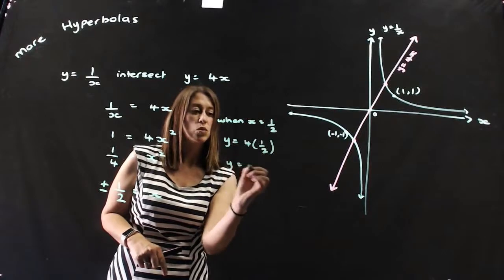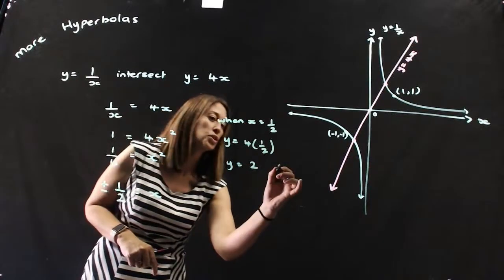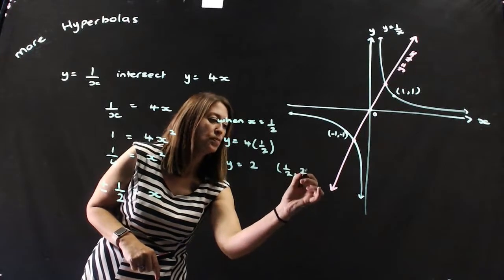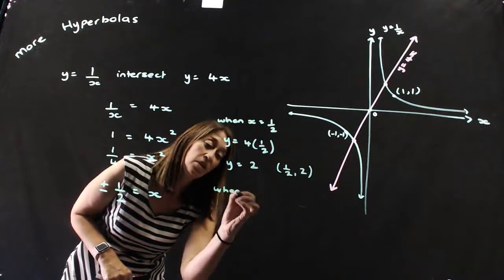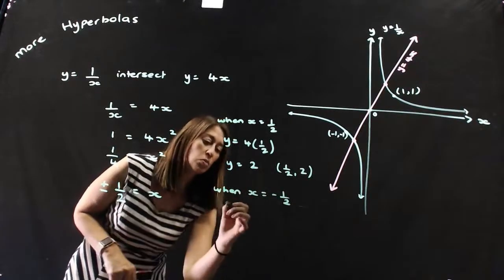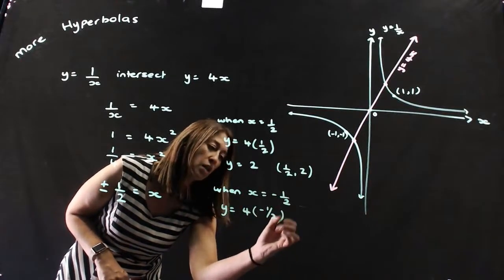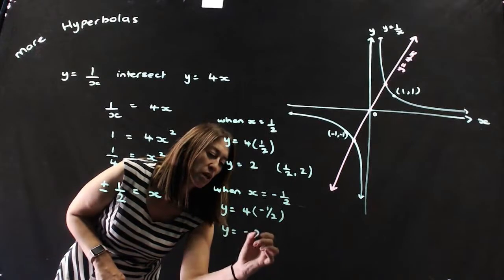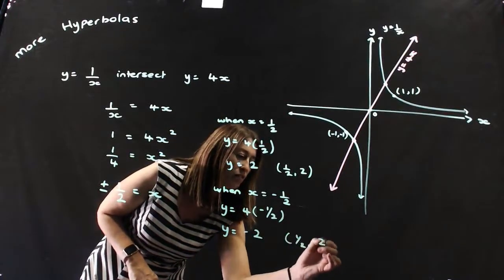So y equals 2. So the coordinate is 1/2, comma 2. And let's look at the case of when x equals minus a half. Substitute into 4 times minus a half, I get y equals negative 2. So the coordinate is negative 1/2, comma negative 2.